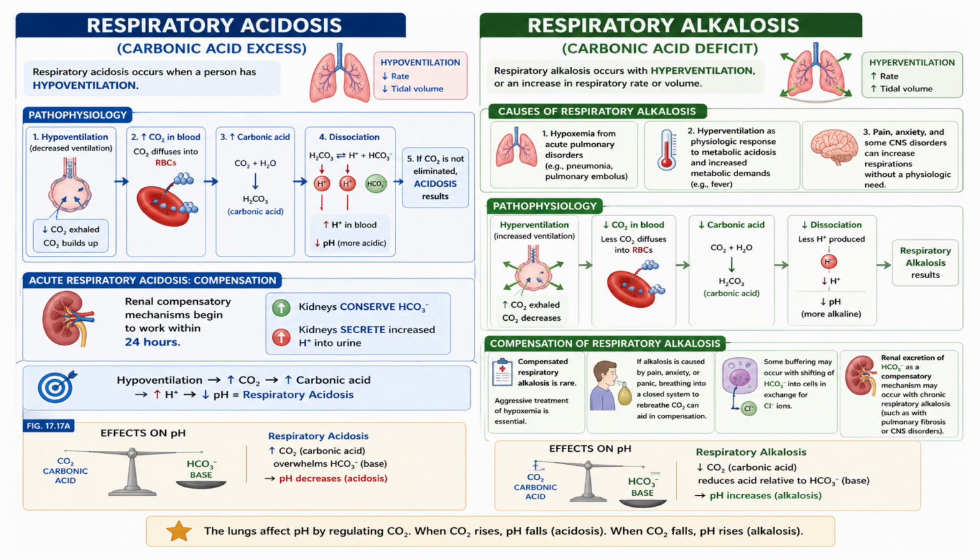So if this condition persists, then the body begins to compensate. What happens? If you have high CO2, you're hypoventilating, you're retaining carbon dioxide, the other system, your kidney, your renal system, is going to respond within about 24 hours. How is it going to respond? It's going to respond by conserving bicarb, because that acts as a base, right?